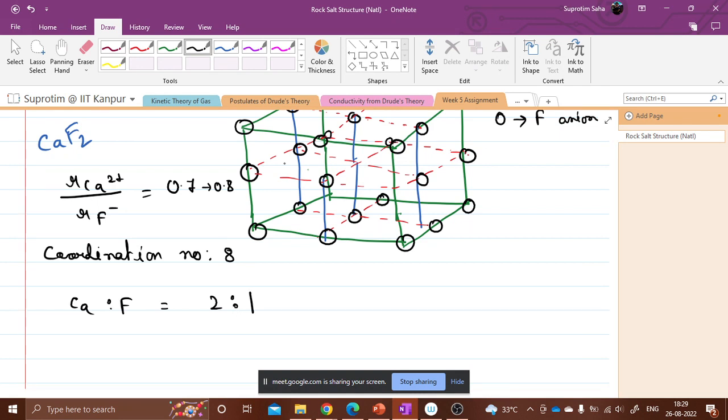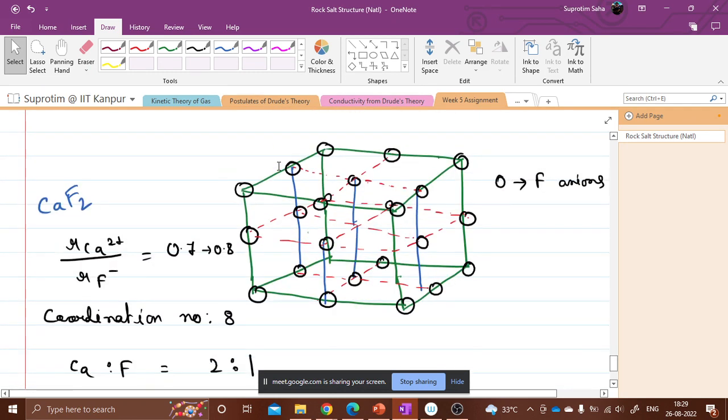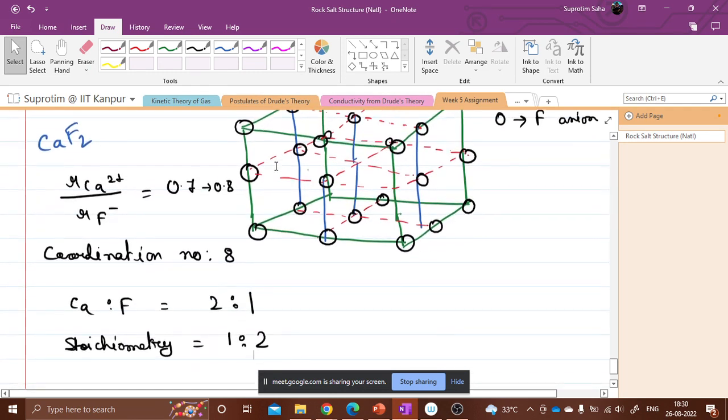If I have not made any mistake, Ca2+ and F is minus 1, right? And the stoichiometry is 1:2, right?